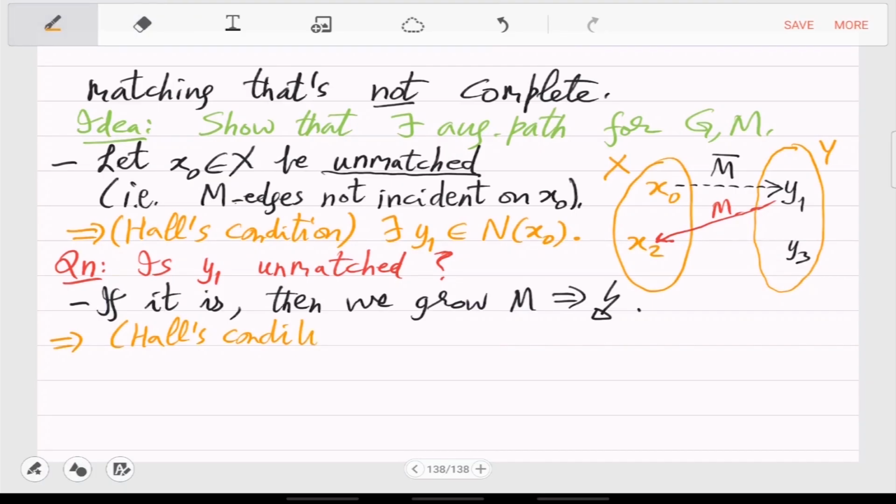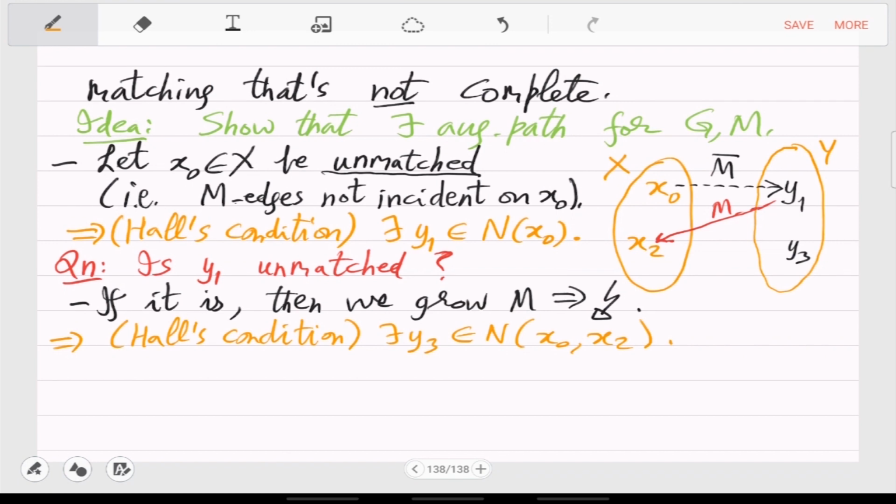So Hall's condition only tells me that there exists a y3 in the neighborhood of x0, x2, which is different from y1 of course, but it doesn't tell you whether y3 is connected to x2 or connected to x0. So that will give you two possibilities, right?